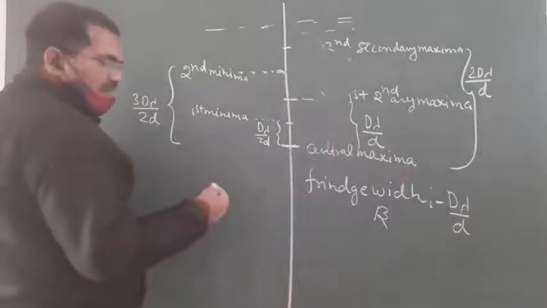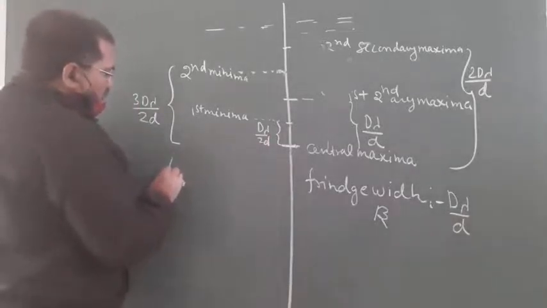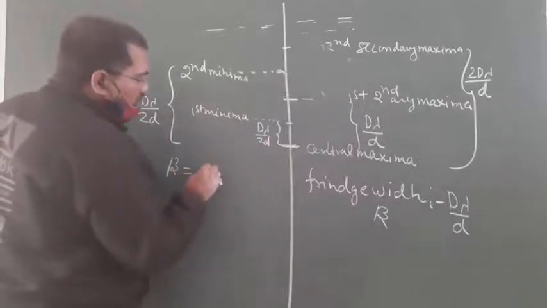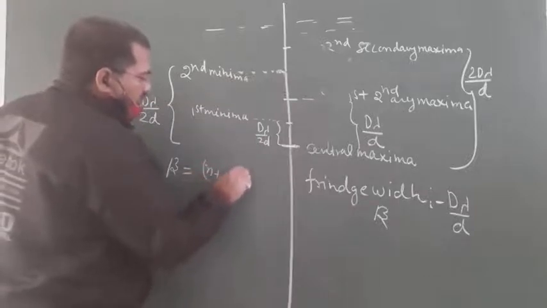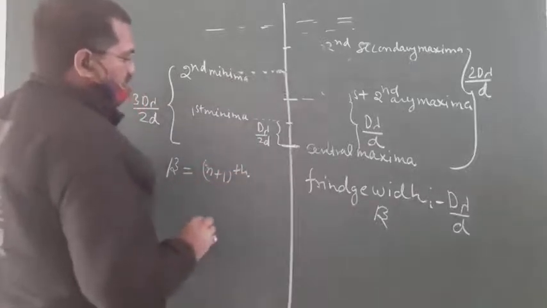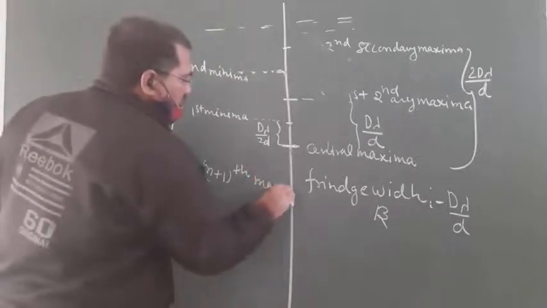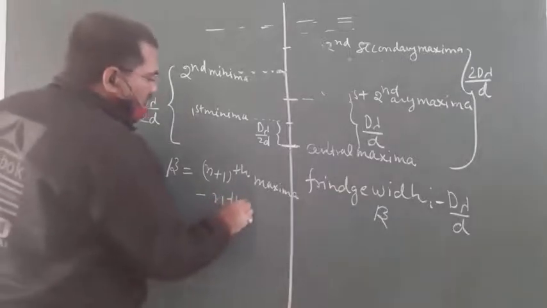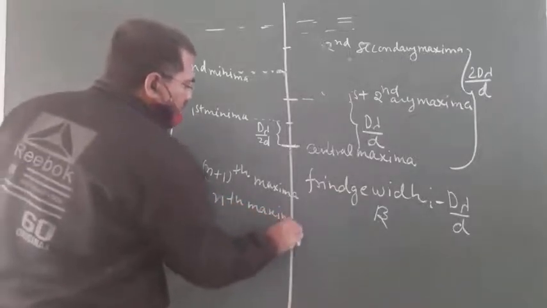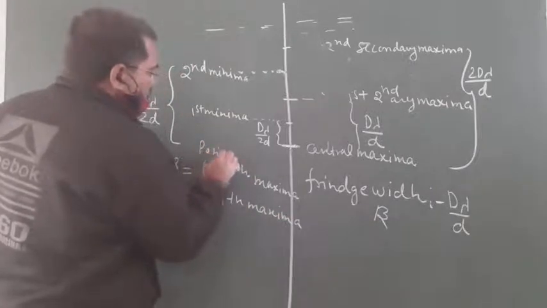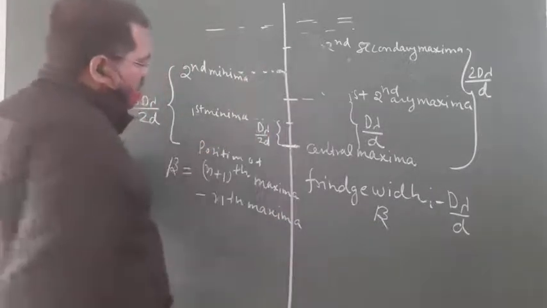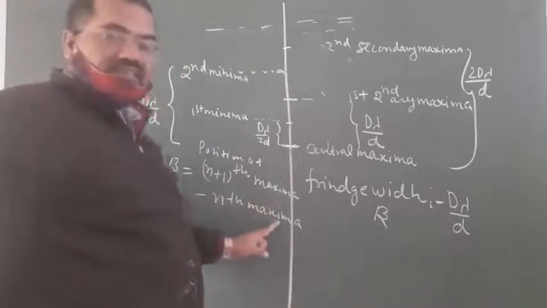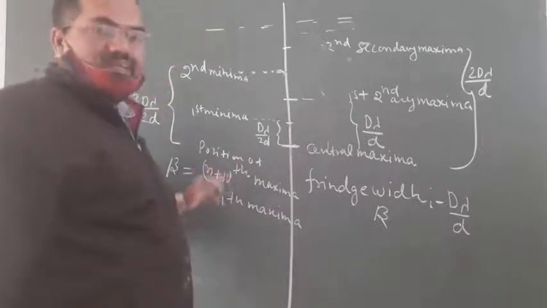So you can also write a formula for that: beta equal to position of (n plus 1)th maxima minus nth maxima, the distance between two consecutive maxima.